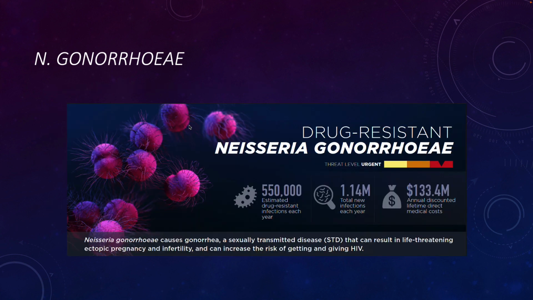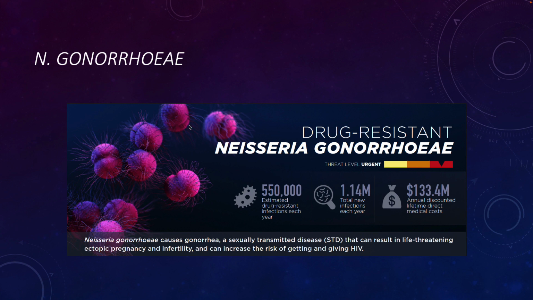And so if we talk about antibiotic resistance, drug-resistant Neisseria gonorrhoeae is considered to be an urgent threat by the CDC. It's estimated that there will be over 500,000 drug-resistant infections per year. And this number is even higher than the previous one from the CDC, 1.14 million total infections per year. So this is the estimate.